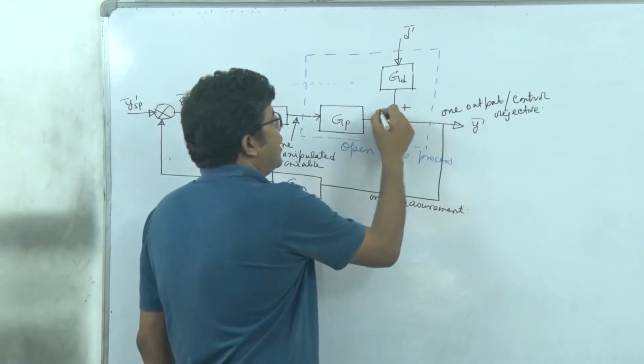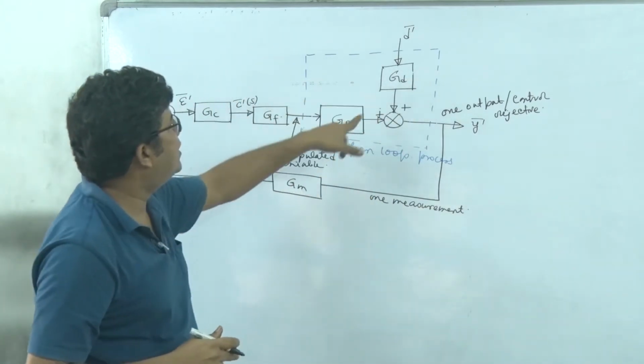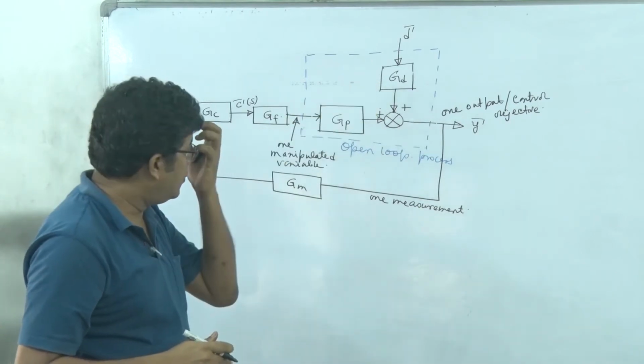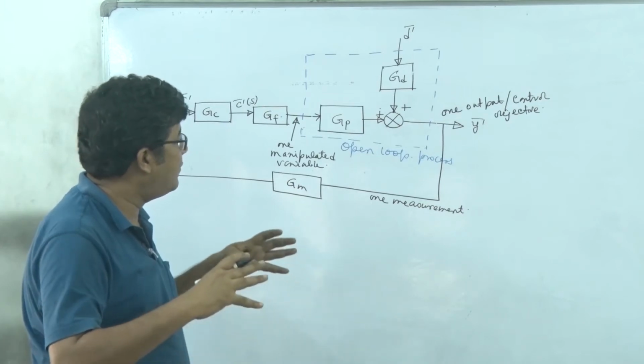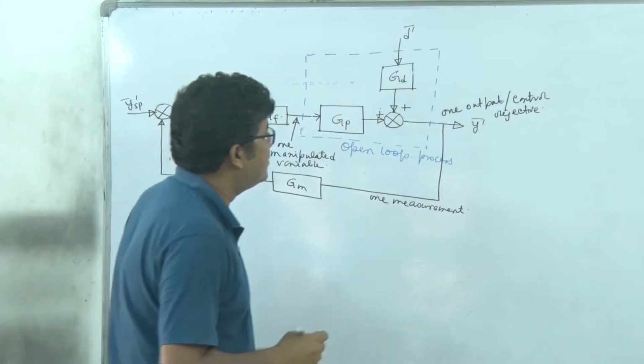However, the process model may not be as simple as this single block element. We can think of a process where we have two process blocks coupled with intermediate disturbances.